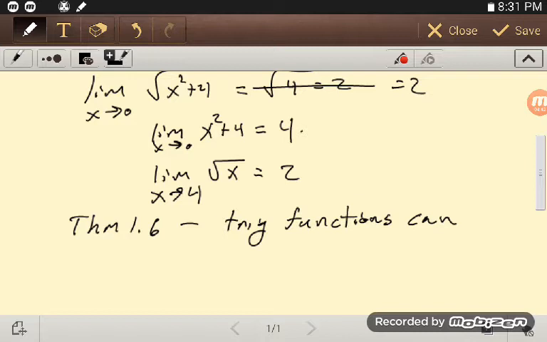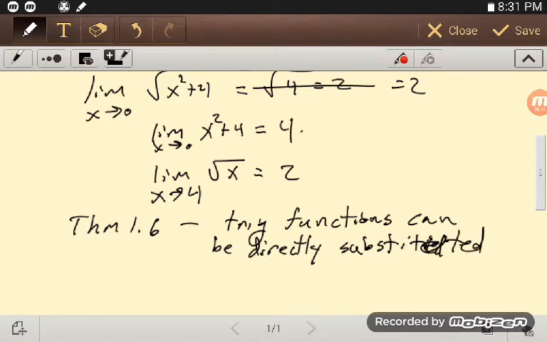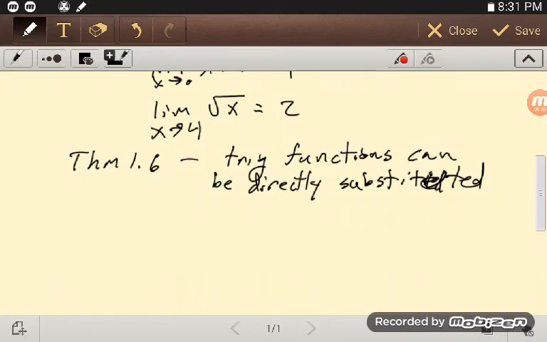Trig functions can be directly substituted, just like the square root of x plus 4. So that's theorem 1.6. Not a big deal there. We can just use direct substitution on those functions.